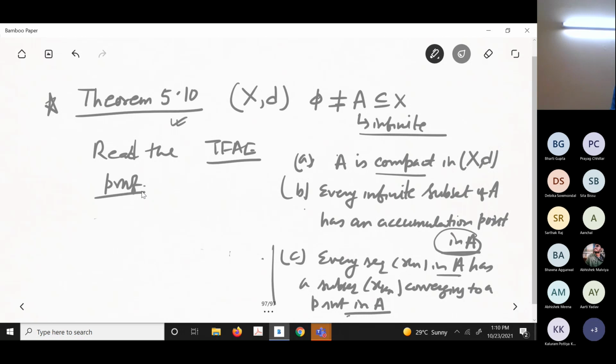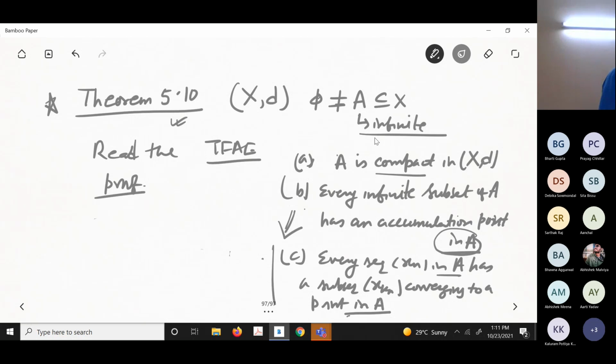In fact, one part, B implies C, is exactly theorem 5.9. But A implies B is very straight. You should prove it. If you do not have it, by negation, then A won't be infinite. So you should look at the proof.